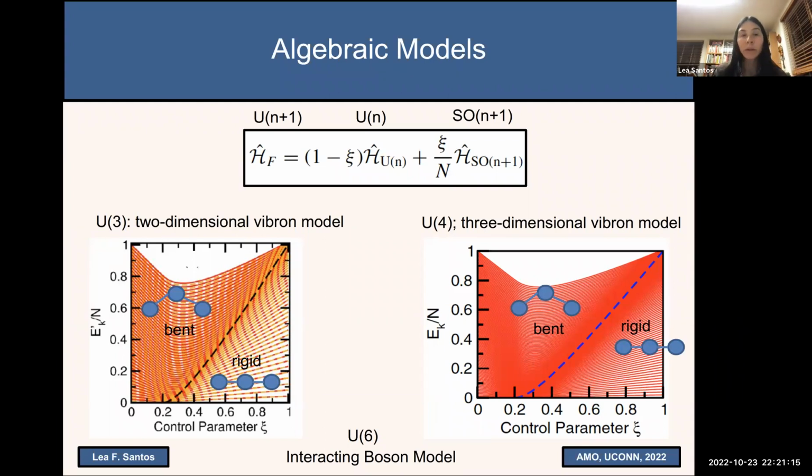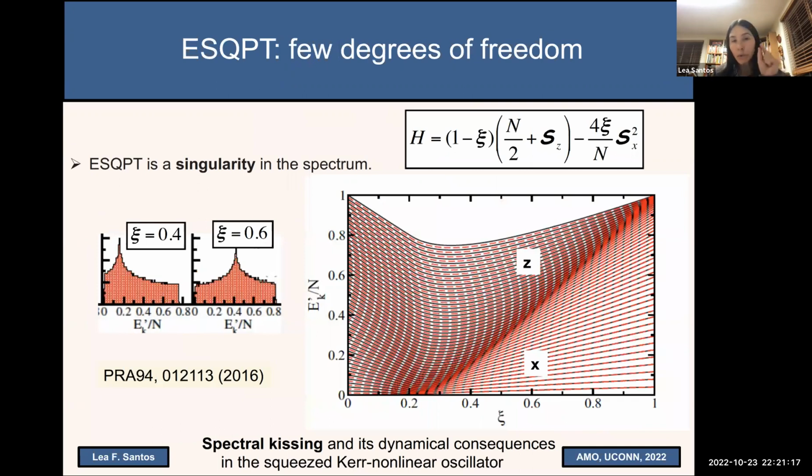Okay? But the special feature in systems where we have 1 effective degree of freedom is this divergence in the spectrum. When we move to systems that have a higher number of degrees of freedom, then it starts getting more difficult to see this feature.